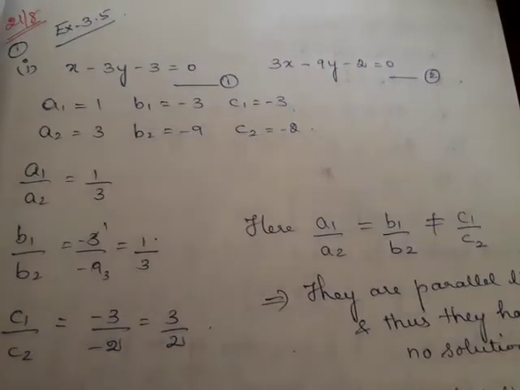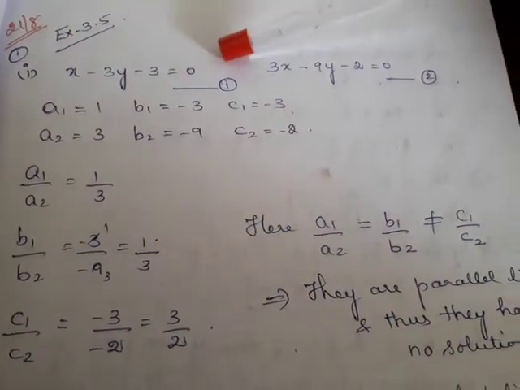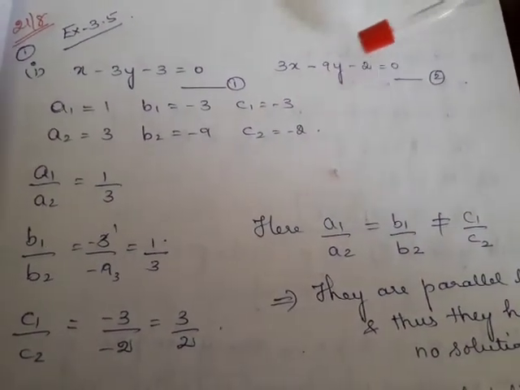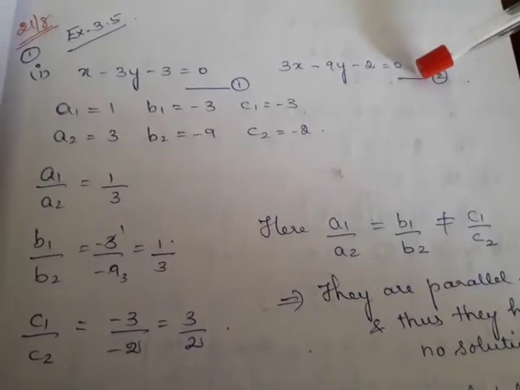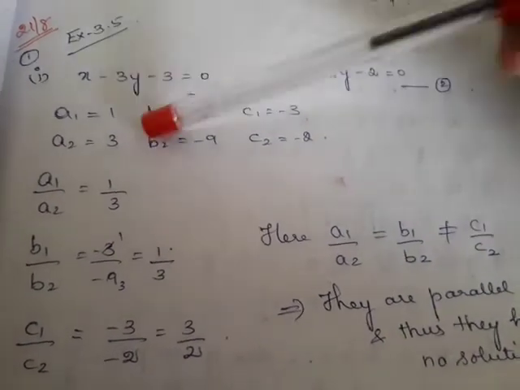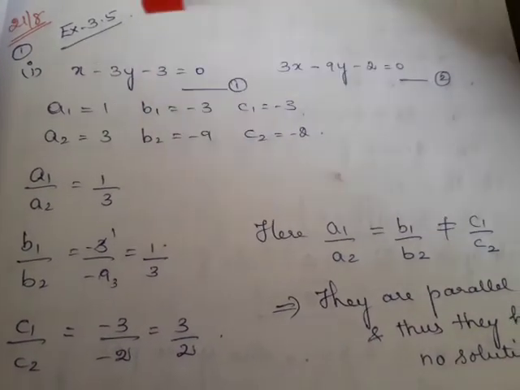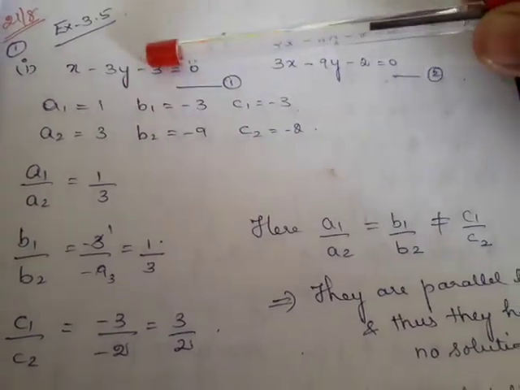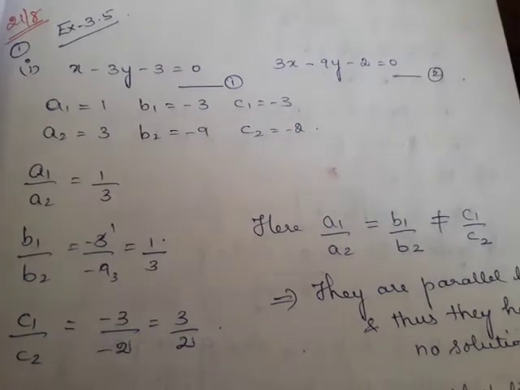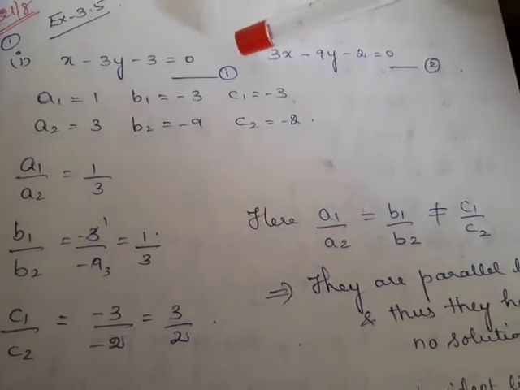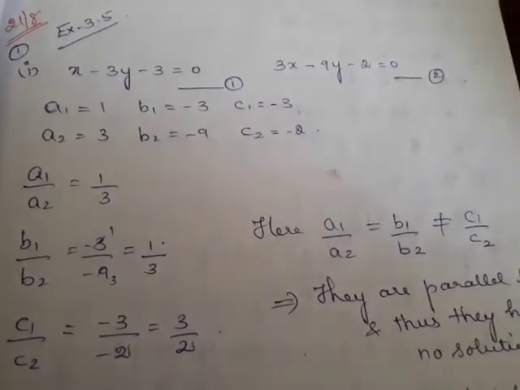See the first question. First question, x minus 3y minus 3 equal to 0, 3x minus 9y minus 2 equal to 0, right? First list out the coefficients, and you have to be very careful. I told you already, when you are writing the constants, you keep both the equations' constants either on the right hand side or on the left hand side.